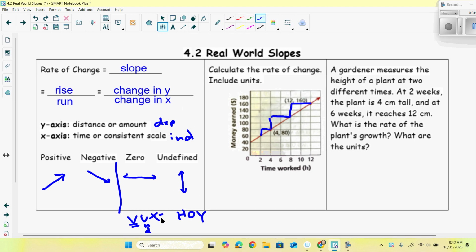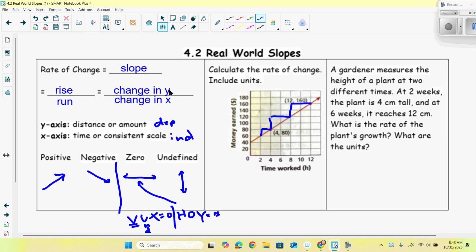And then H in Hoy is horizontal, so that's a left and right line, that's this guy, and it has a slope of 0, and it's y equals some number. We don't know what it is, but it won't have a changing value. It'll just be a constant number. So Vux Hoy, something to think about.